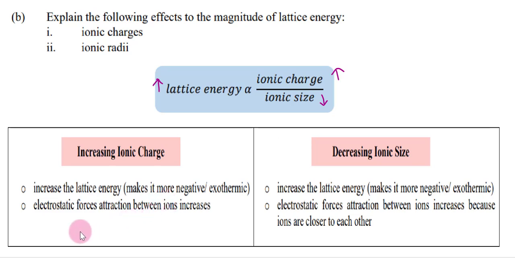So the strong electrostatic forces of attraction between the ions will make the lattice energy increase, while decreasing the ionic size will increase the lattice energy or make it more exothermic, because the electrostatic forces of attraction between the ions become stronger and make the ions closer to each other. So that's why it will make the lattice energy more exothermic.